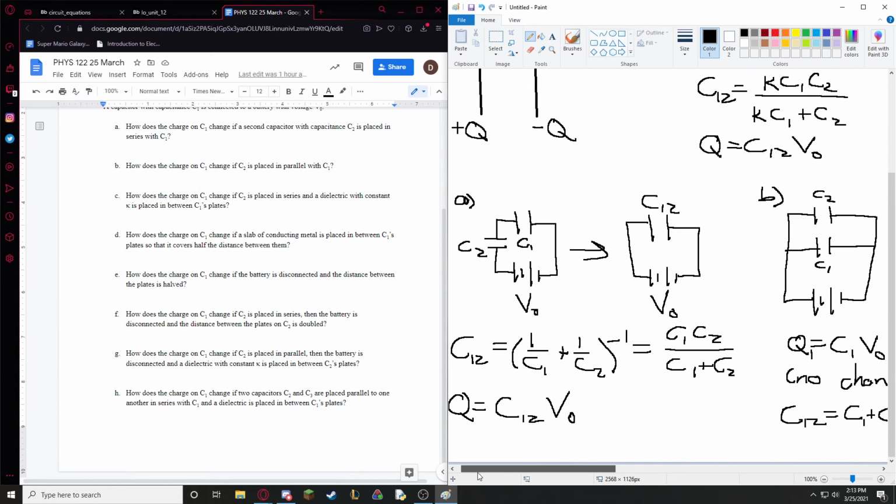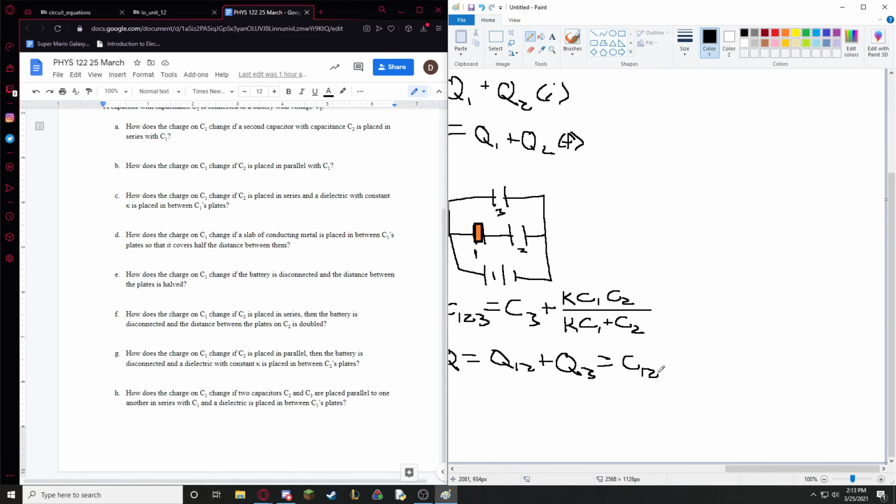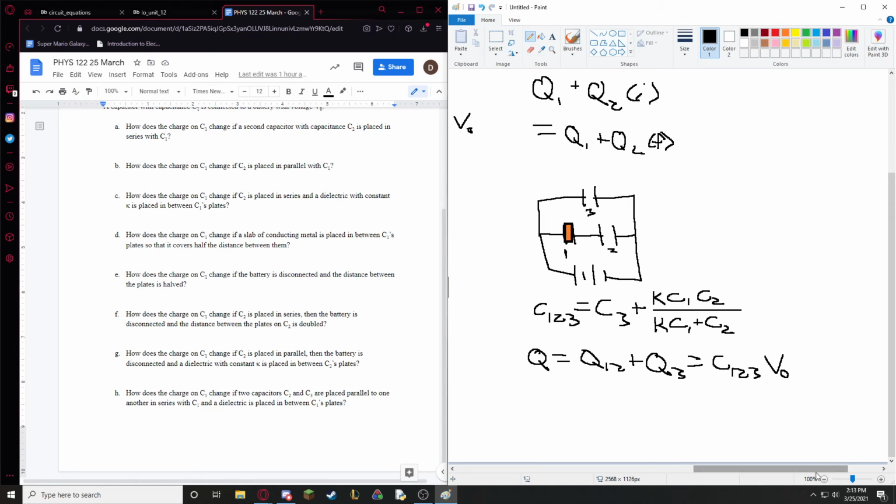And we know our charge is going to be C123 times V naught. And now we just want to solve for Q12, because that's our charge on C1, which also happens to be our charge on C2. So Q12 is equal to C123 times V naught minus Q3, which, does anyone know, how do we get Q3 here?